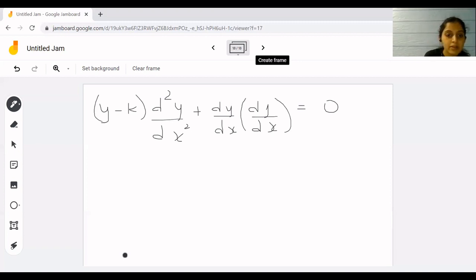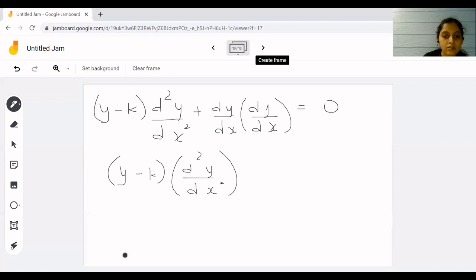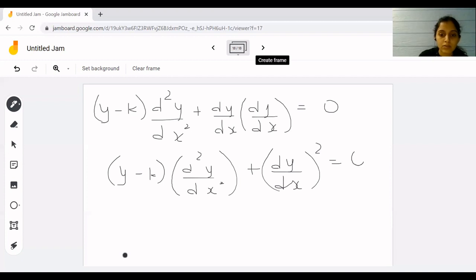So we get (y minus k) d2y by dx square plus (dy by dx) the whole square equal to 0. Now we need to find the value of k to substitute.